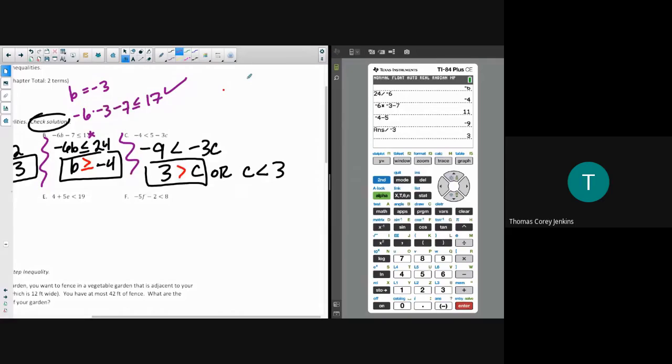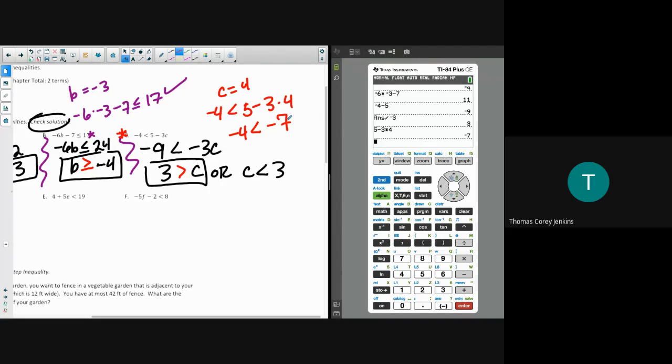I always go back to the original. Let's see. So that'd be -4 is less than 5 minus 3 times 4. So let's type that in. 5 minus 3 times 4 is -7. So if I bring that down a step, that says -4 is less than -7.